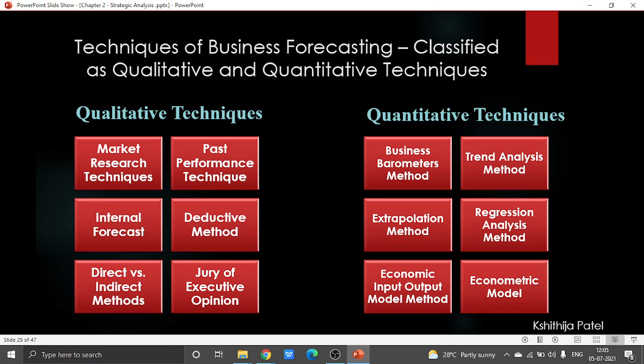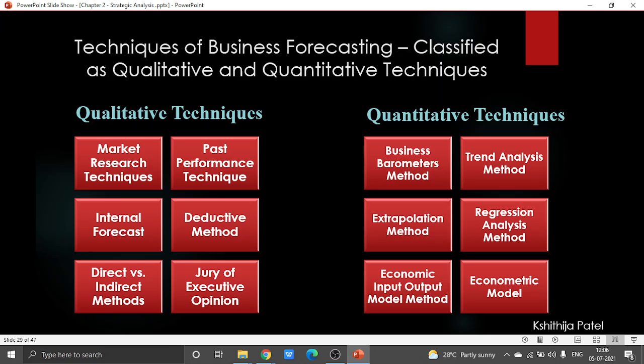The organization supplies each of these executives with the necessary information relating to the things for which the forecasting has to be made, and it collects the opinions of these executives and their views on the particular product, and on that basis the organization arrives at one particular conclusion.